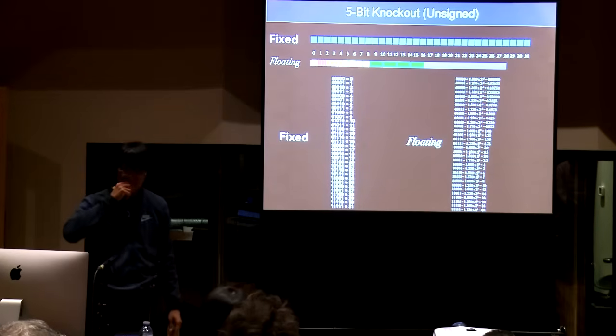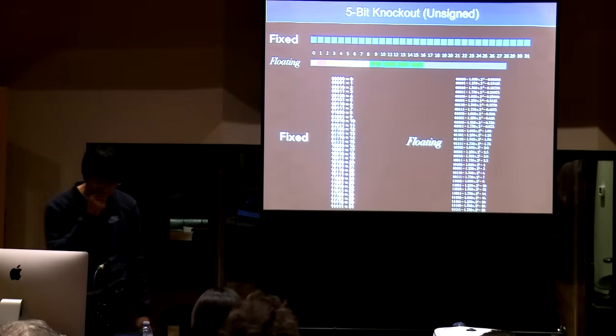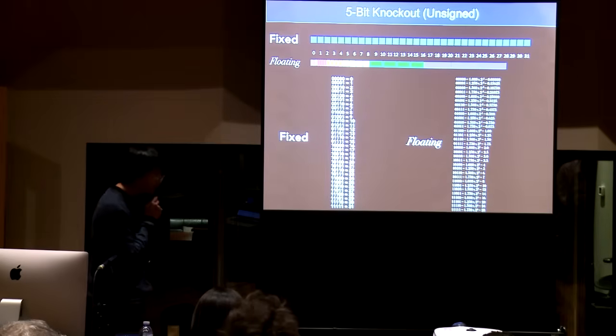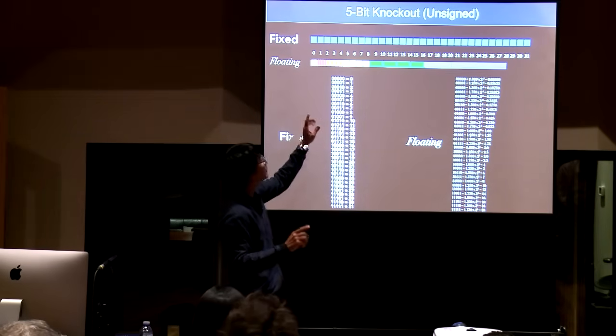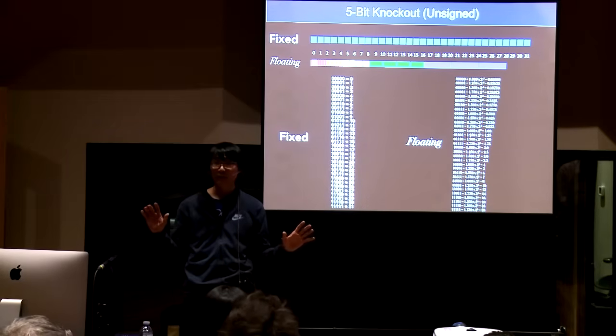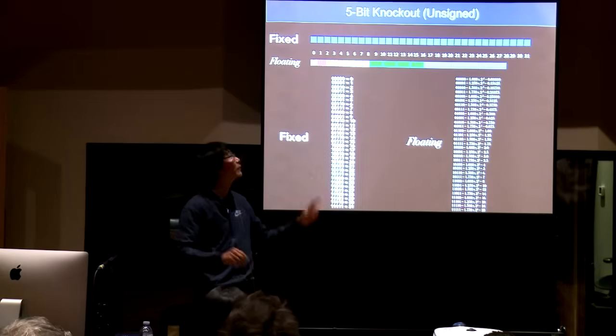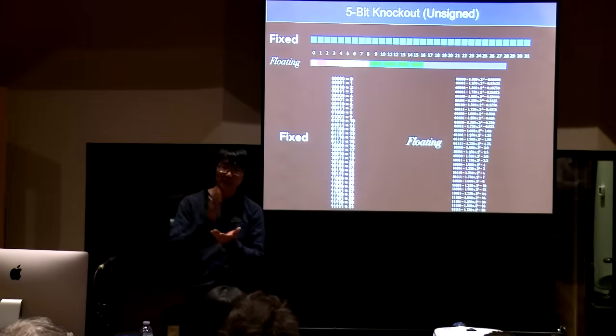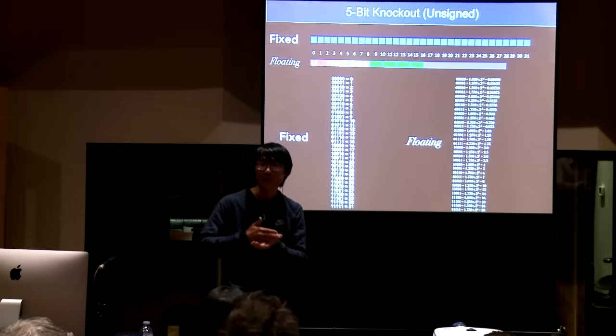So would you define that as more samples per bit? Not samples per bit, meaning for both, you've got 32 possible numbers. You don't know what the numbers are. But for the fixed point, it's very even, so it's like 0, 1, 2, 3.